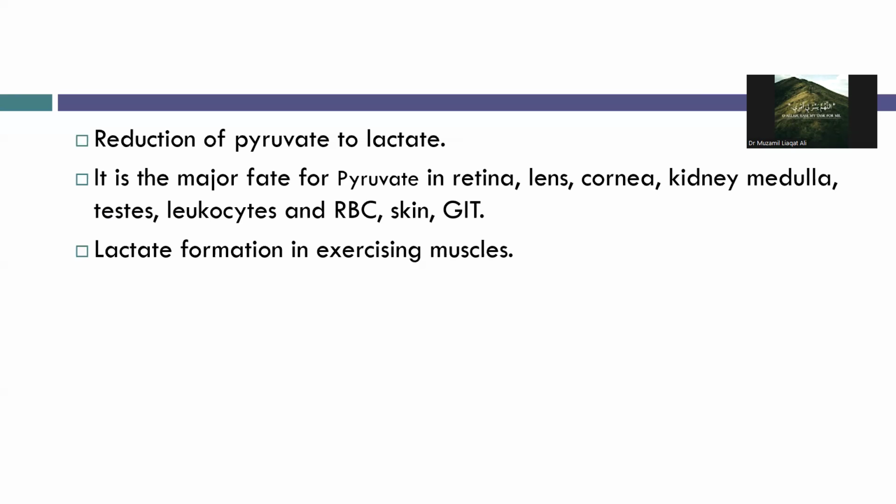This regenerates NAD+, allowing glycolysis to continue anaerobically. So excessive lactate production leads to lactic acidosis, a life-threatening condition frequently seen in circulatory collapse and shock. The severity of shock can be assessed by measuring serum lactate levels.